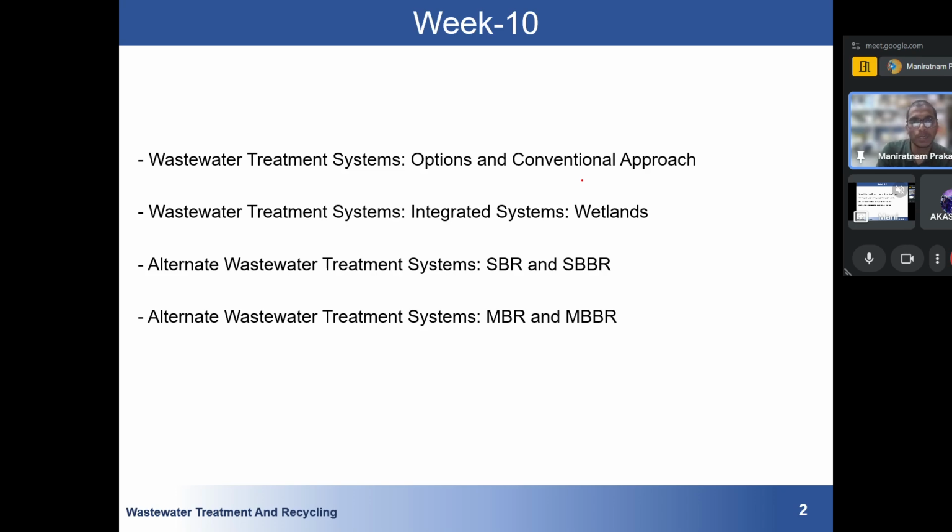This is the common wastewater treatment process currently used at most places. This method has been running for a very long time, for many decades, so that's why it is called conventional.